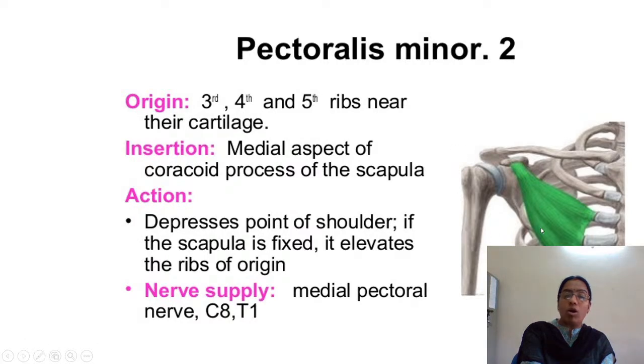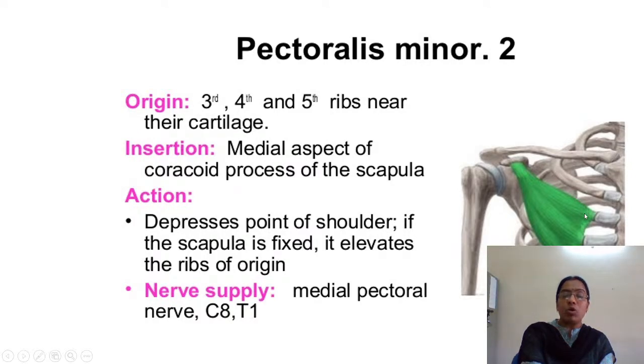The origin of the pectoralis minor is from the ribs, the 3rd, 4th and 5th ribs. Not from the cartilage part, only from the ribs, a costal origin only. It inserts into the medial aspect of the coracoid process of the scapula.